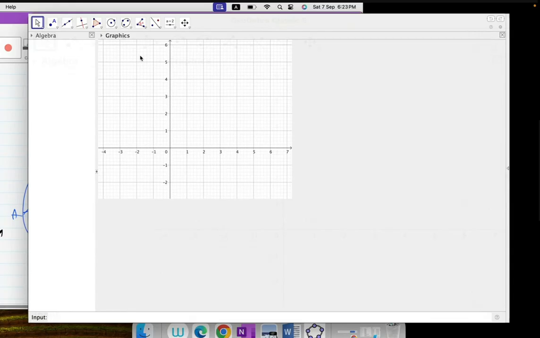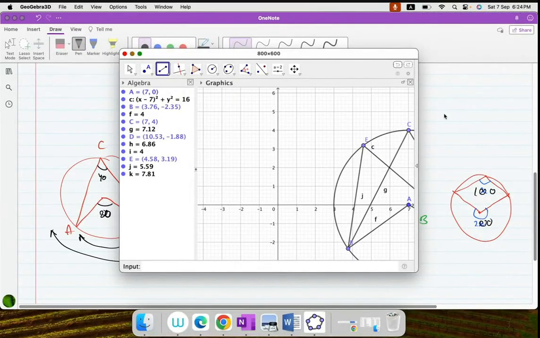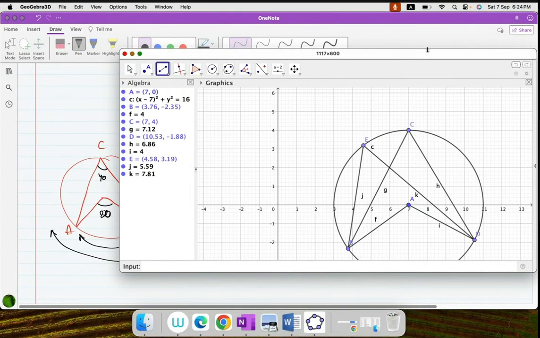This is one of the properties. Oh, it's frozen. Try. Okay, I don't know what happened to full screen. It gets frozen.